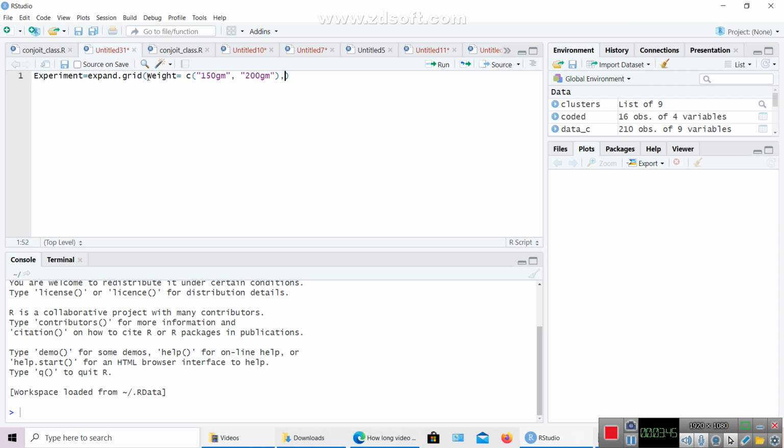Second attribute can be price. Now this attribute can take two values. Let's say price is equal to concatenate low, high.